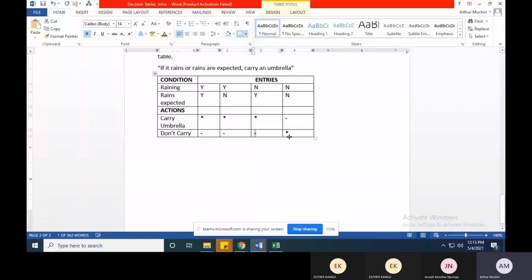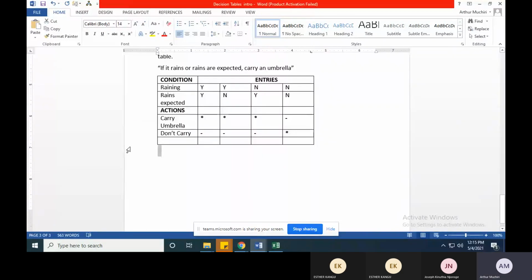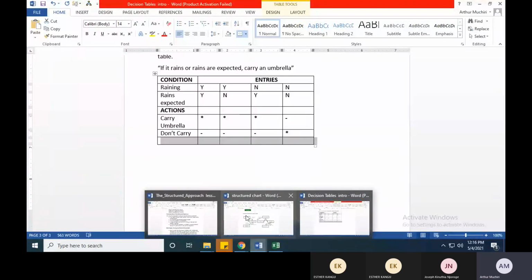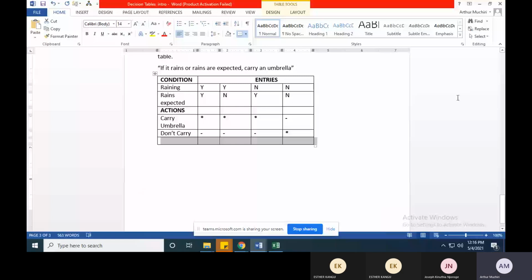So when you come back, we're going to resume with the for loops, and after that we go to arrays, etc. So I'm not going to start from the decision tables. This is something that you are supposed to have, but maybe I can revisit the concept of structured charts, because it's something that you're supposed to cover.